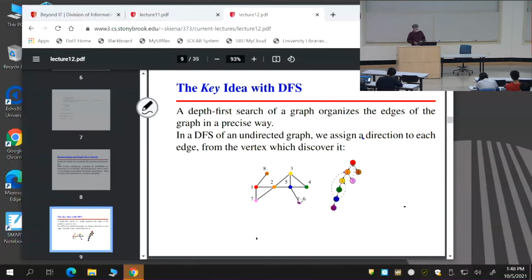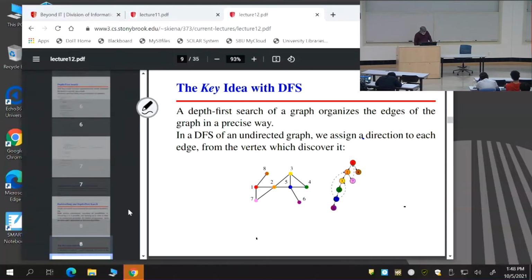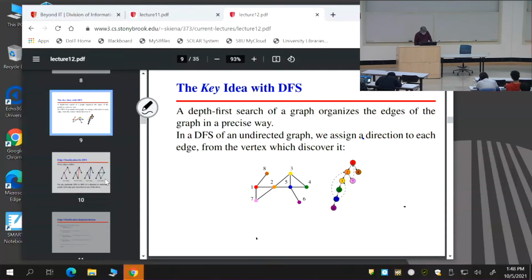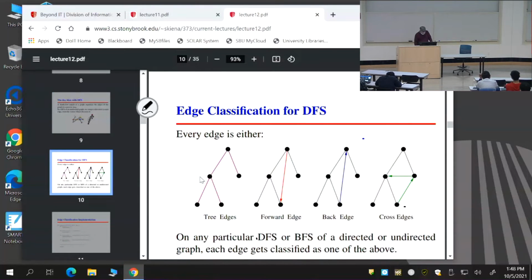Okay. The interesting thing about DepthFirst Search is that on an undirected graph, with a DepthFirst Search, all you can have are tree edges and back edges. Why can't we have this?